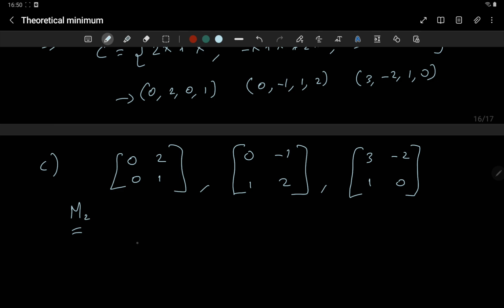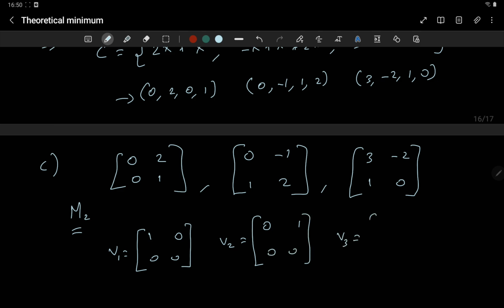So tell me, how about 1000 is V1, V2 is 0100, V3 is 0010, and V4 is 0001. So now, through linear combination, I could get any matrix in this space M2, right?